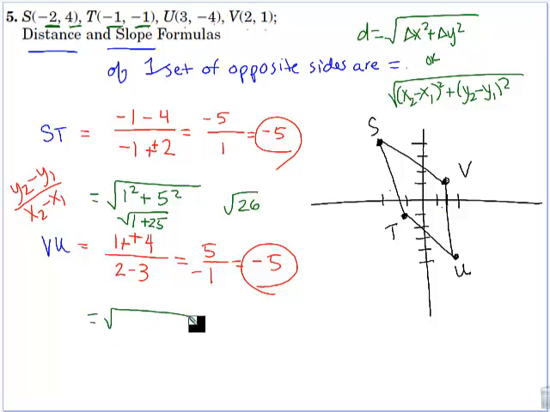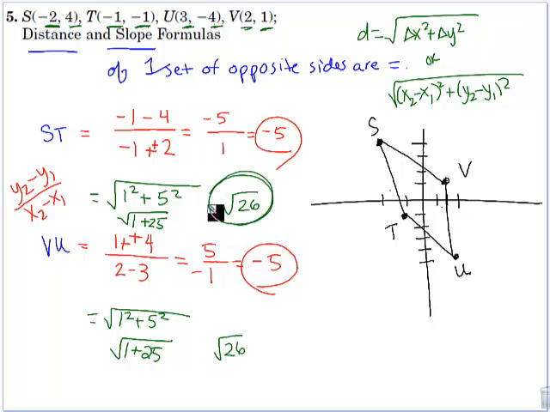V to U, the distance. Change of x squared. 3 to 2 has a change of 1, so 1 squared, plus change of y squared. 1 to -4 has a change of 5, so 5 squared. 1 squared is 1. 5 squared is 25. 1 plus 25 is the square root of 26.